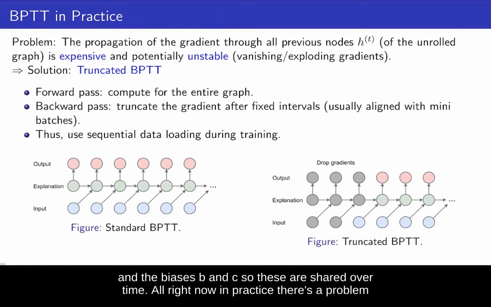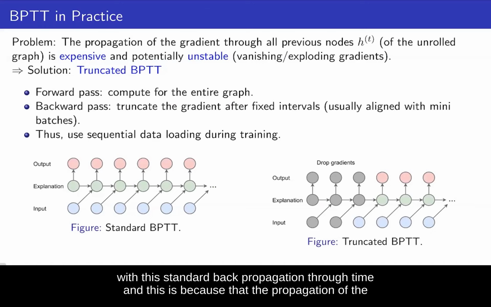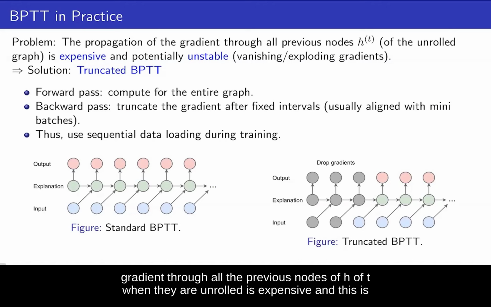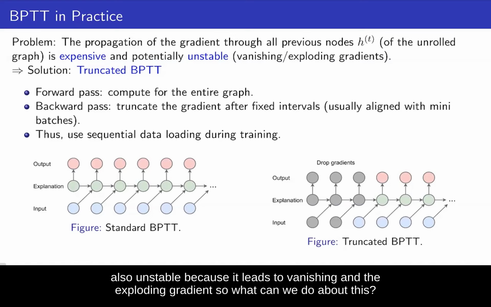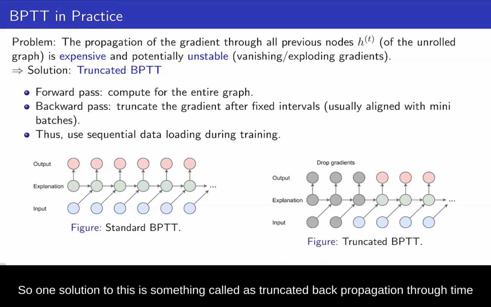All right, now in practice, there's a problem with this standard backpropagation through time. And this is because the propagation of the gradient through all the previous nodes of h of t when they are unrolled is expensive. And this is also unstable because it leads to vanishing and exploding gradients. So what can we do about this? One solution to this is something called truncated backpropagation through time.